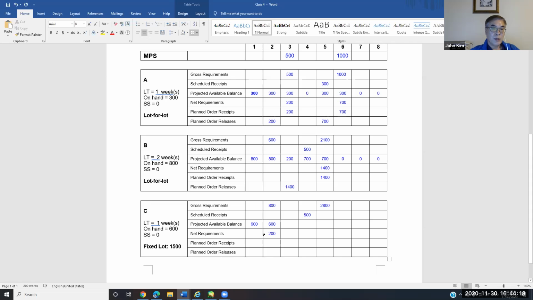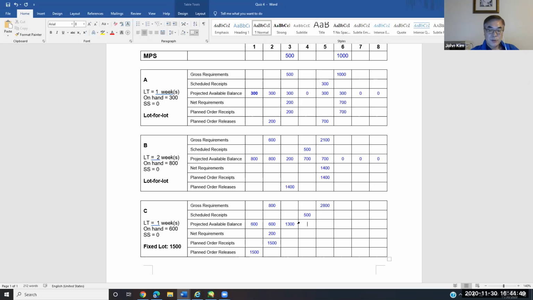So regarding this net requirement, order that fixed order quantity 1 week earlier. Here, net requirement is 200, but receive 1,500. So 1,500 minus 200, 1,300.